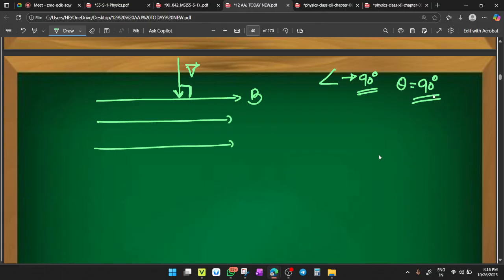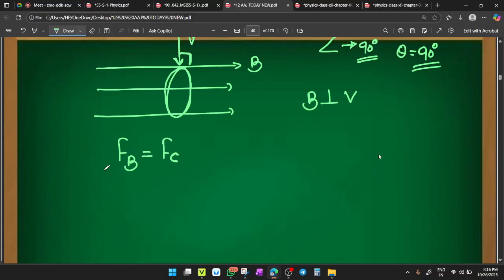Whenever the angle between the magnetic field and the velocity vector is 90 degrees, the charge will move in a circular path. So it is the necessary condition that B should be perpendicular to V. So the magnetic force FB is equal to the centripetal force FC. This is the condition.